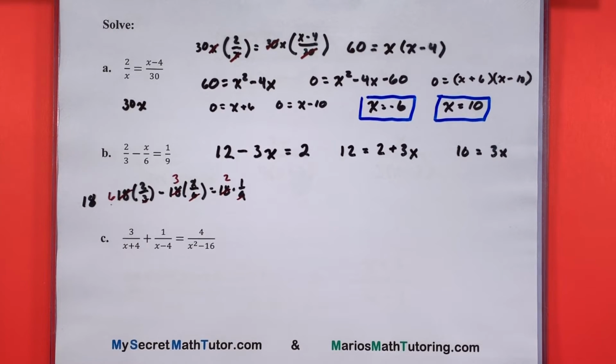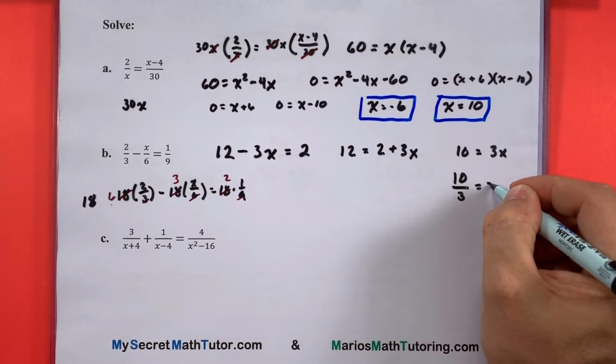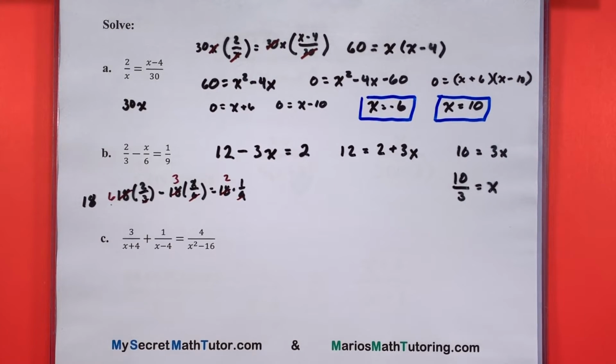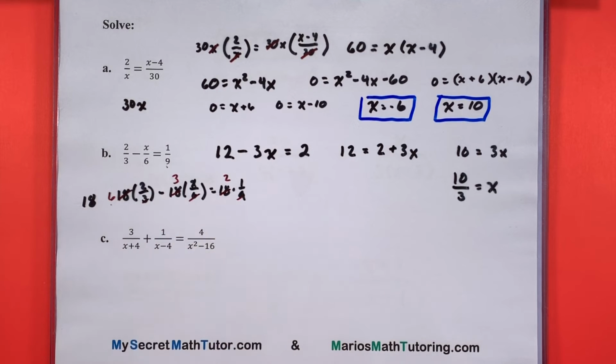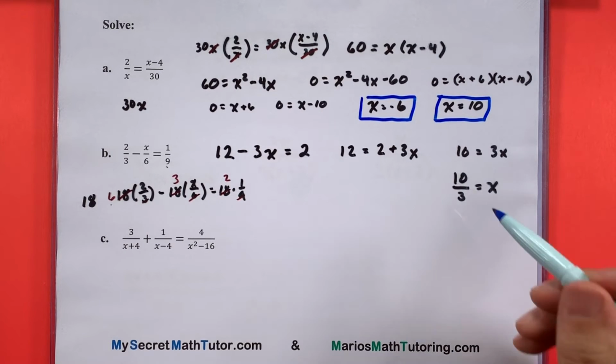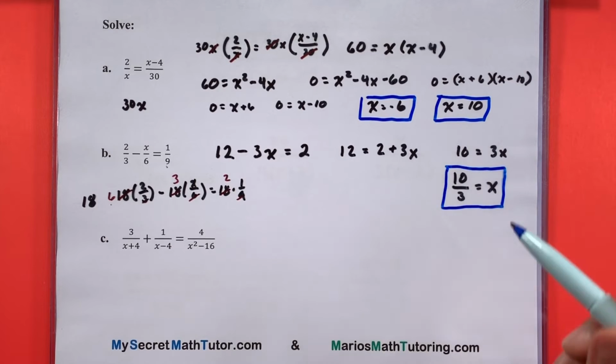And I guess our last step in all of this would be to just divide by 3. Now looking back at the original, we want to make sure that we never divide by 0. All the denominators here are a number already, so none of them are 0. So we can go ahead and just take this as a solution. All right, that looks good.